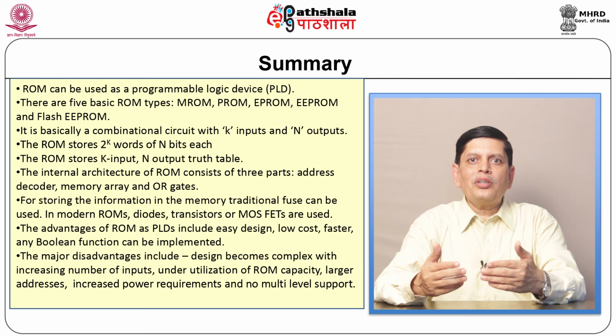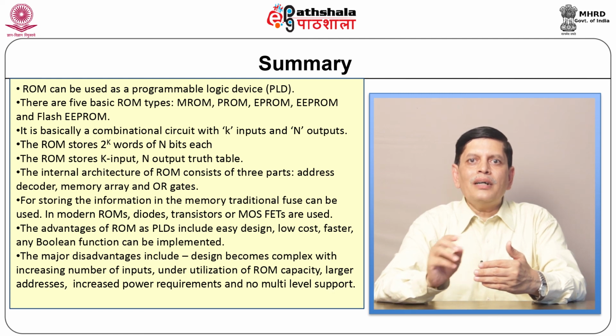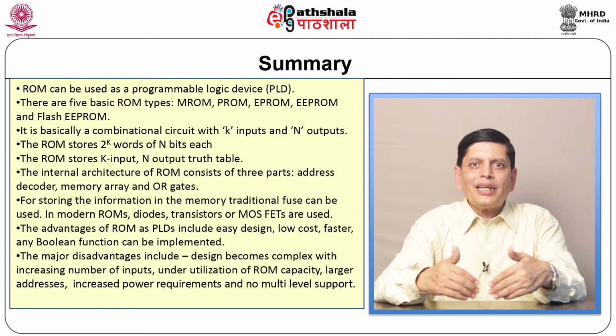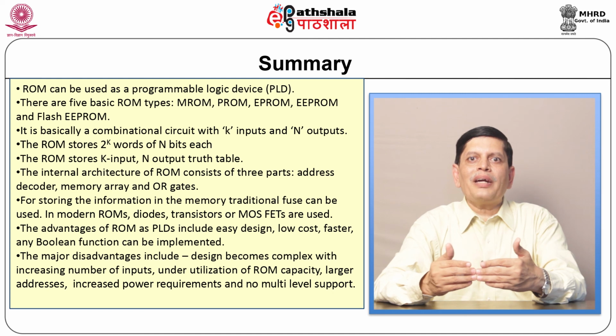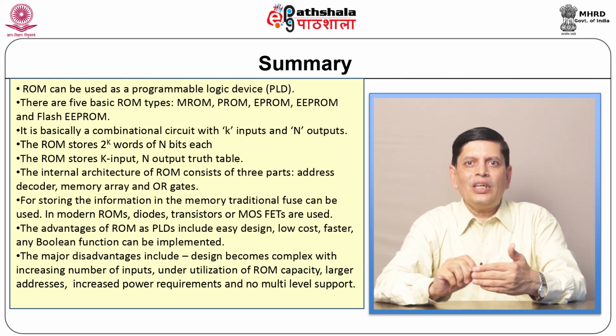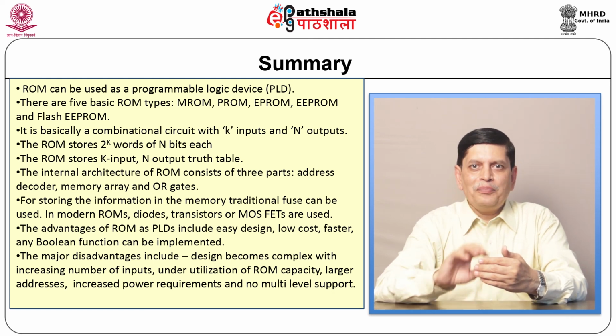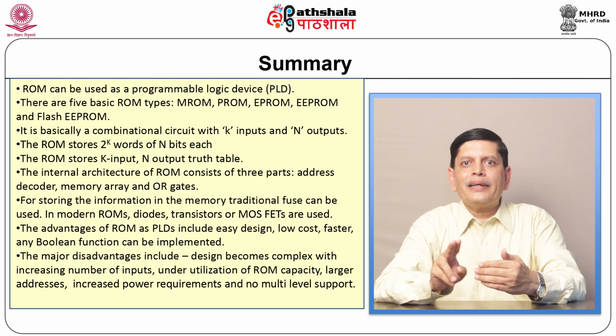But when we talk about traditional ROMs or PROMs, we use a fusible link. Whenever the user is interested in programming the ROM, we use a cross point. Rather than using a dot for the interconnections, we use a cross, indicating that it is a fusible link. That means it is a user programmable link.